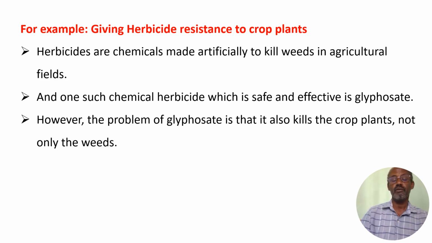By the way, glyphosate is a potent herbicide, but with one weak point. The problem of glyphosate is that it also kills the crop plants, not only the weeds. It is very powerful to kill weeds, but it can damage your crop plants, and you don't want your crop plants to be destroyed.